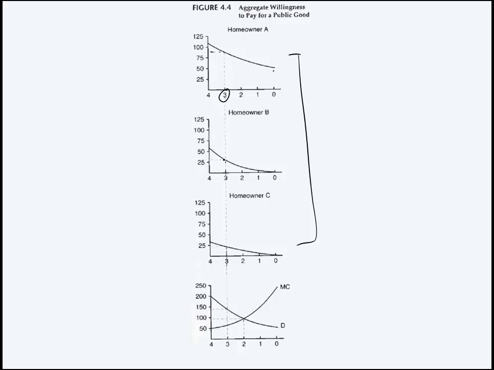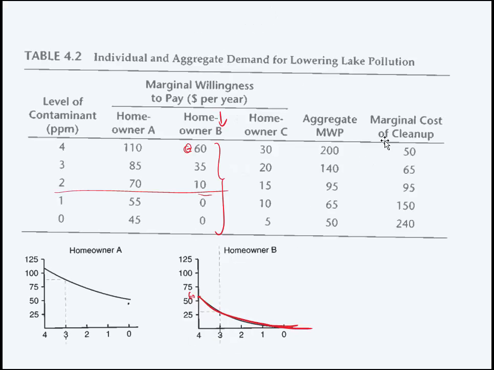So it's 85 plus 35. And then just refer back to your table. And then over here we had a value of 20. And if you add all that together, you get a value of, let me just check again, 140.